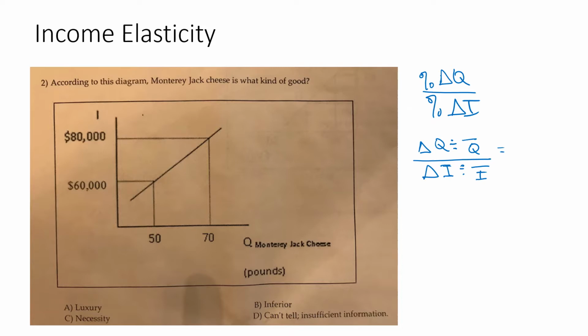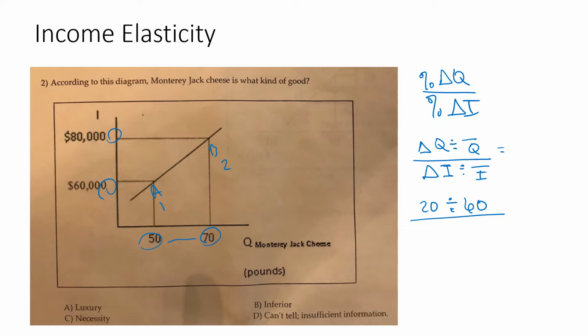So change in quantity. So let's just do a 1 and a 2 here. Change in quantity goes from 70 to 50. So that's a difference of 20 divided by the average. Well, the average of 50 plus 70 divided by 2 is 60. And we'll divide that by the change in income, 80 to 60. Well, in this case, okay.